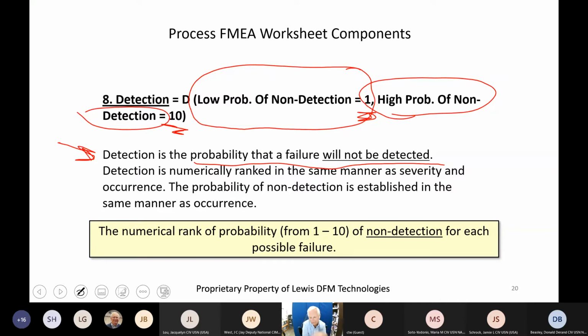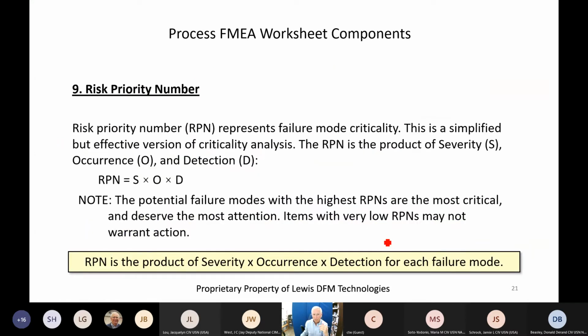Okay, I didn't make these up. This is the way PFMEAs and FMEAs in general are structured and set up. Just understand you need to get the scoring right. Okay, I've tried to repeat this throughout this explanation. So the numerical rank of probability is a rank of non-detection. Okay, and so that's what we need to know.